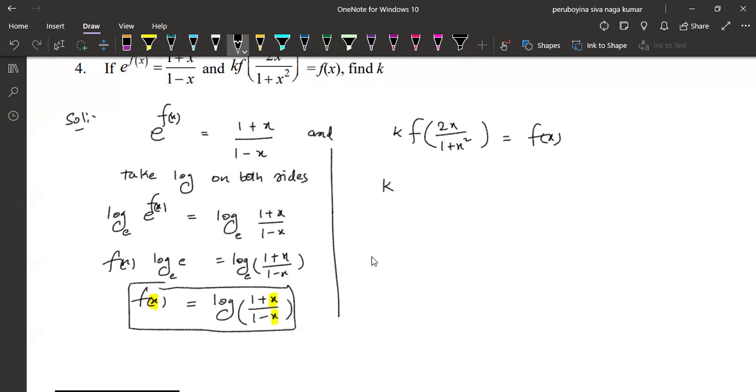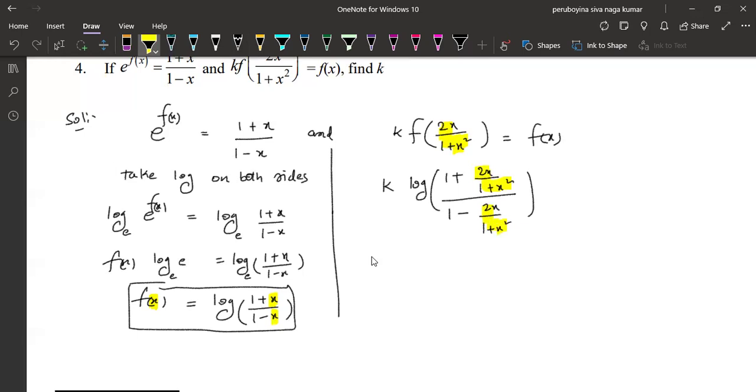If you see here f of 2x by 1 plus x squares, then how can you express this? So log of 1 plus, the entire input you should write, 2x by 1 plus x square divided by 1 minus 2x by 1 plus x square.